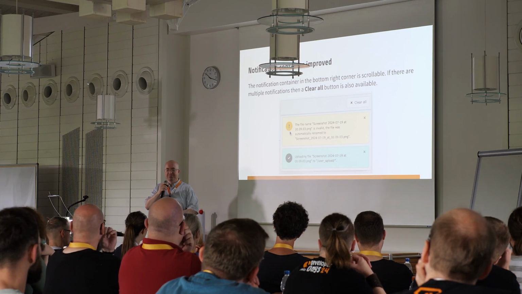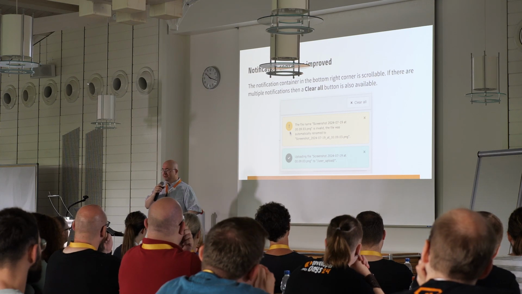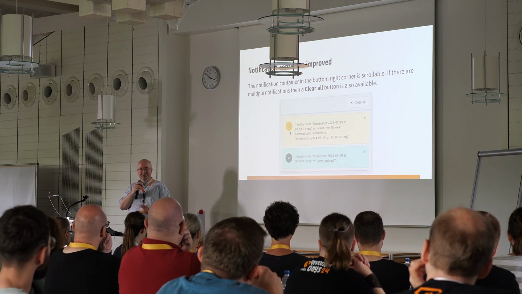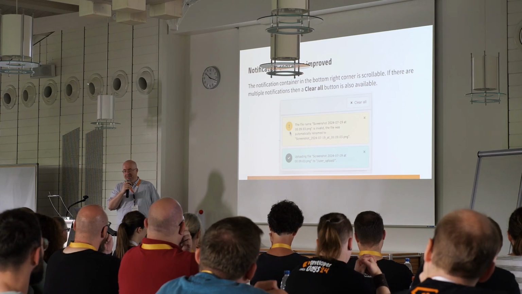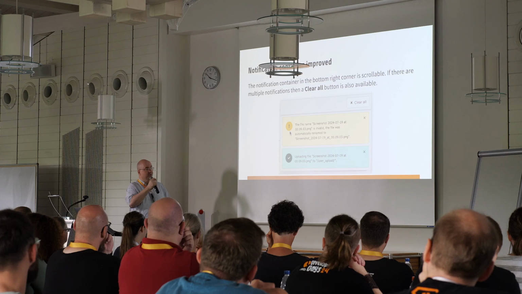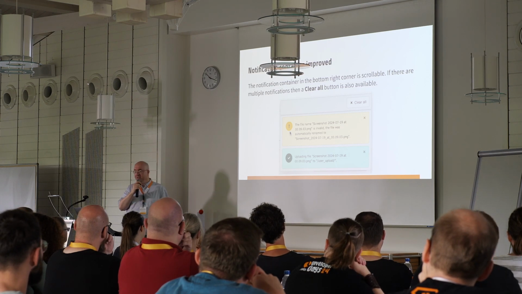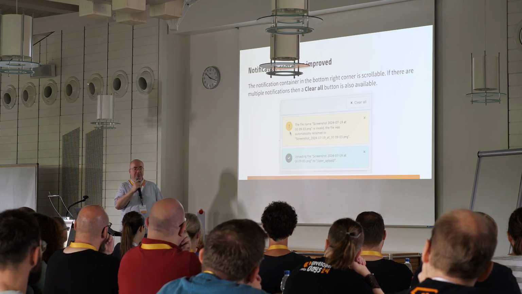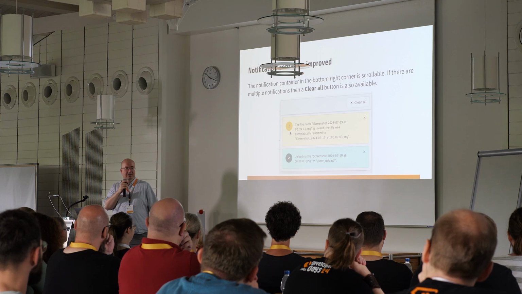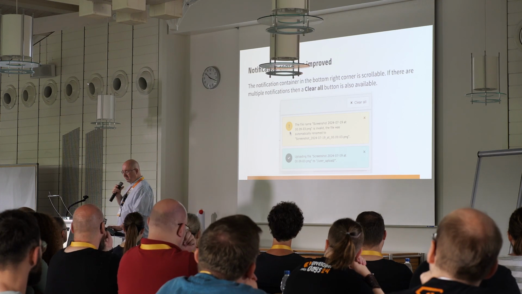Things were happening all over the place, progress bars, flash messages. Okay, the notification container is an improvement in that it is one place in the bottom right corner. And it still can be a bit overwhelming. So if there is more than one notification there, there's a clear all button so you can quickly remove everything. It's also scrollable, so you can easily read the notifications that stay there for a bit longer.